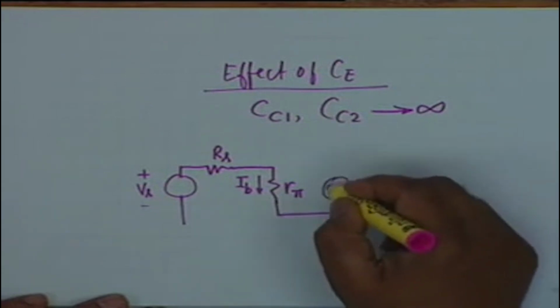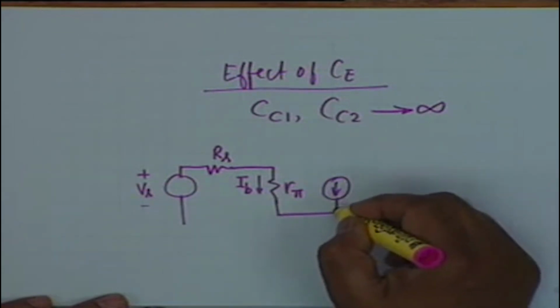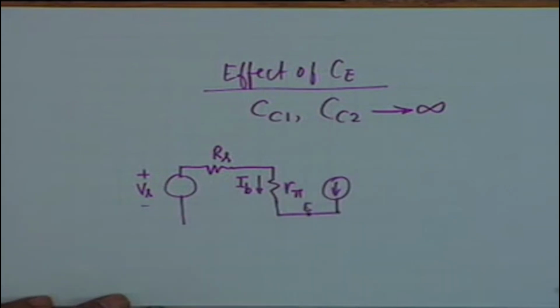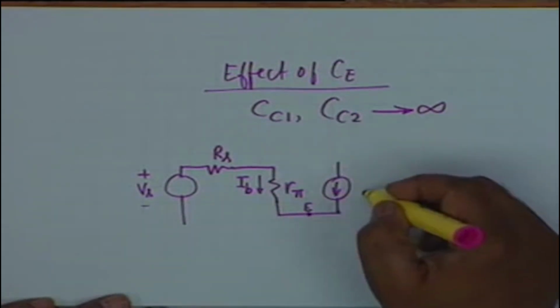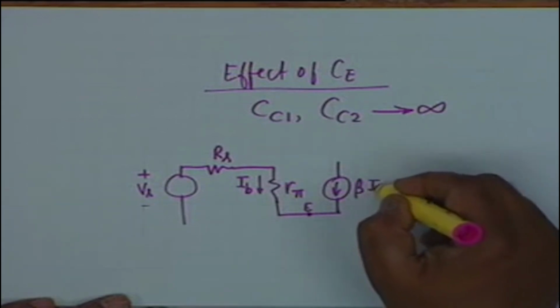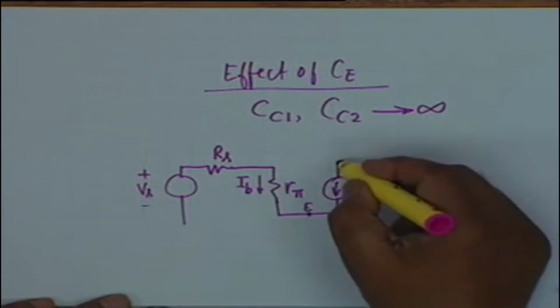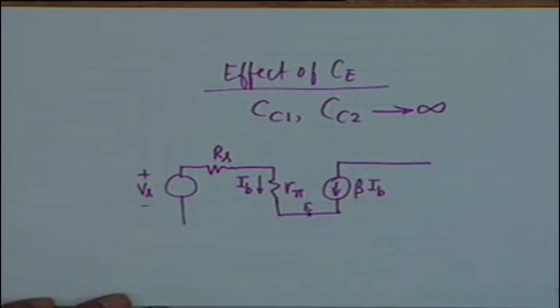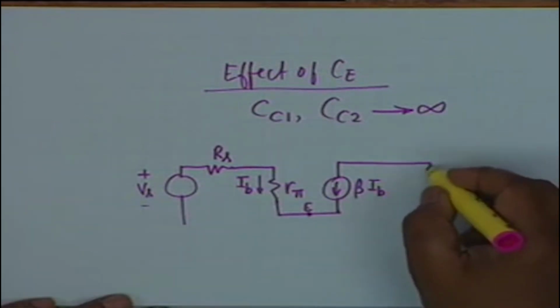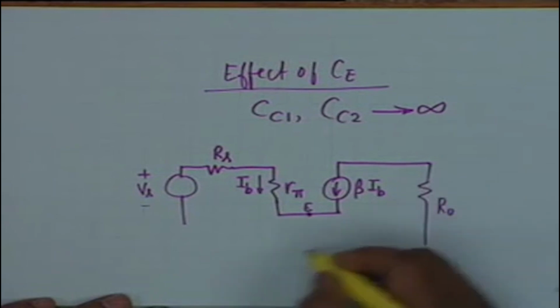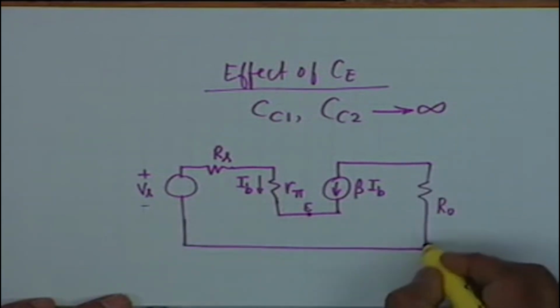This then in the collector circuit, collector to emitter, this is the emitter. I am not connecting it to the other end of Vs because I want to consider the effect of Re and Ce in parallel. This current generator is beta IB, and this goes to CC2 which is also a short circuit, and therefore RC and RL come in parallel, and they go to ground through a resistance R0.